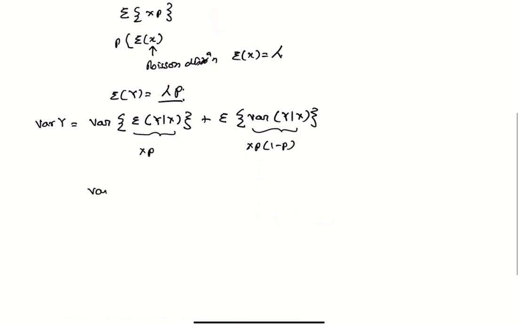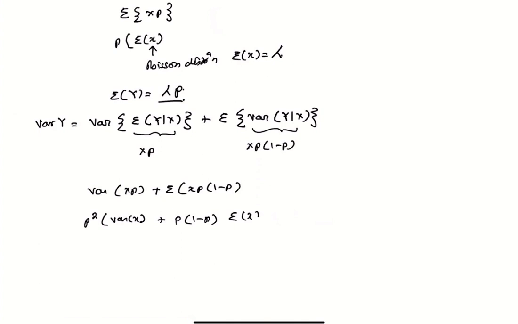So the variance of Y is the variance of Xp plus the expected value of Xp(1 minus p). Now this p squared will come out, and it will become p squared times the variance of X, plus p(1 minus p) times the expected value of X. The variance of X is the same as the expected value of X, which is both lambda for the Poisson distribution.